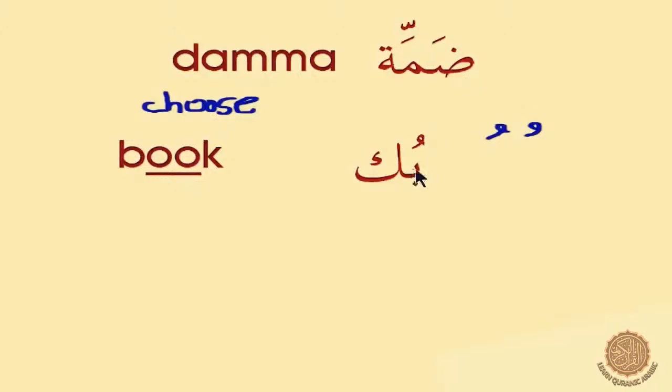We have here the ba with a dhamma, followed by the kaf, which has the K sound. So here it's pronounced as book. This letter alone with the dhamma would be bu. So book. Similarly, we have the word in English put. So there's a u sound that represents the sound that a dhamma makes.